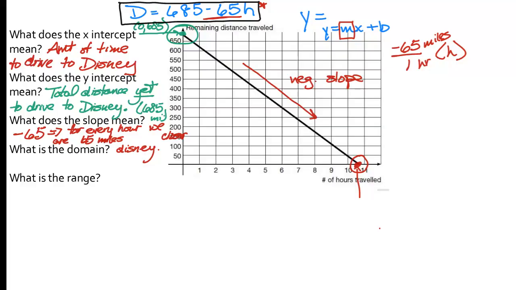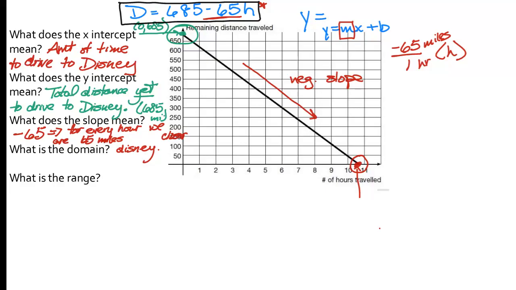If you are on the road for 1 hour, you have driven 65 miles, which takes 65 off of the total distance you have to go, which was 685. If you drive for 2 hours, you are taking away 130 miles, which is 65 and 65.